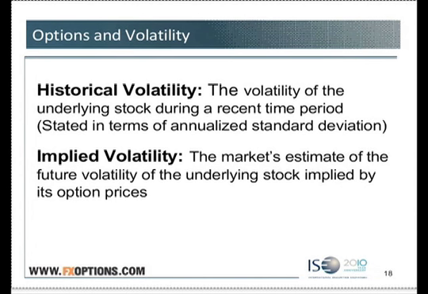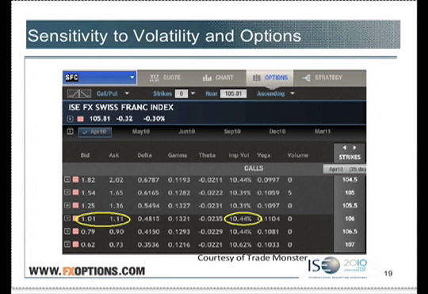Okay, so that being said, let's look at the SFC here, the Swiss franc. With SFC trading at 105.81, the 106 calls, which we'll call the at-the-money calls, are at 101 bid at 111.